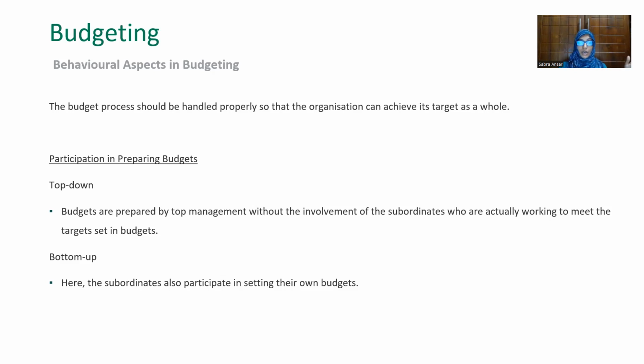One is called top-down, where the budget is generally prepared by the top management, and then the subordinates or the lower level are informed, and they have to work towards it to meet the target set in the budget. But there is another method, also called bottom-up, where subordinates or the people who actually work on it also participate in their own budget, and that's how the budget starts, not from the top.